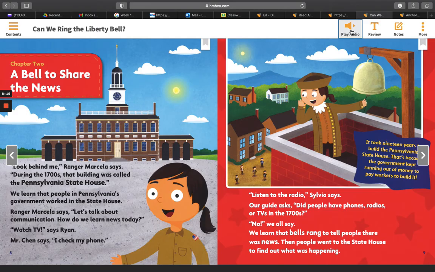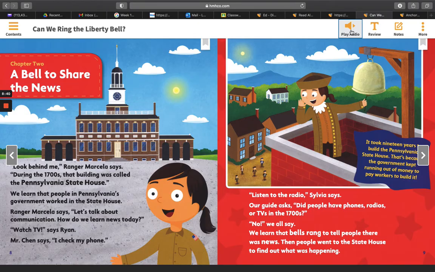Okay, so how did people get news long ago? It says that we learned that bells rang to tell people there was news. Then people went to the State House to find out what was happening. How is that different from how we get our news today?